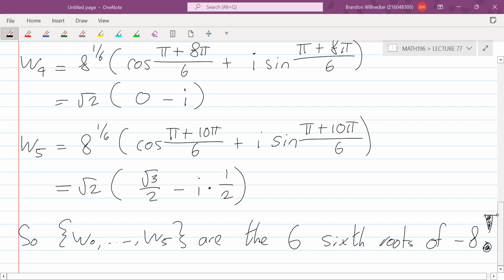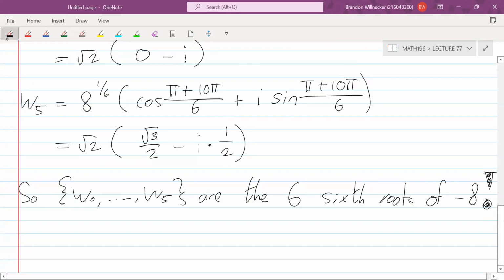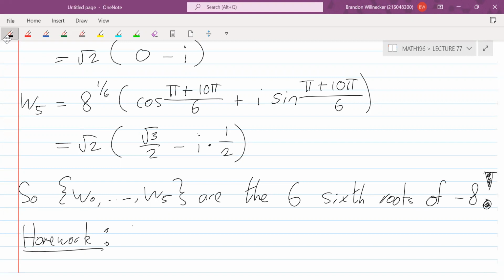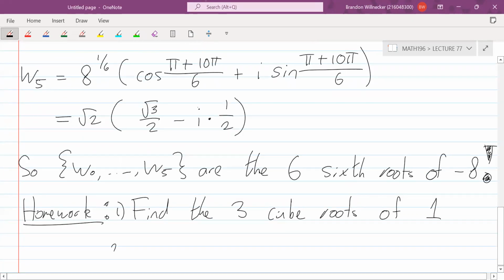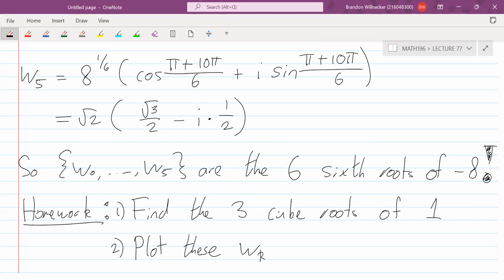Okay, so let's give you some homework. Find the 3 cube roots of 1. So that's the first part. Second part, plot these WK on the complex plane.